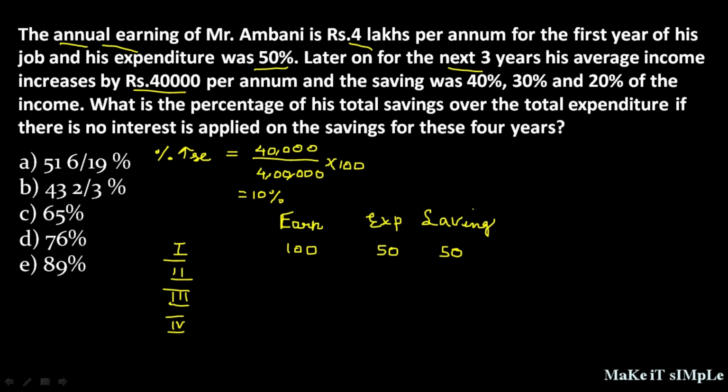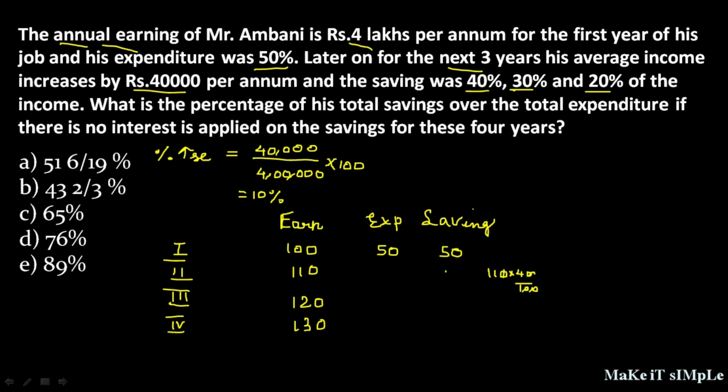Okay, for the next 3 years there is an increase of 10%. So 110, 120, then 130. There is an increase of 10 units. Then they have given the savings as 40%, 30% and 20%. Then 40% of this 110, what we'll be getting, that is 11 into 4.